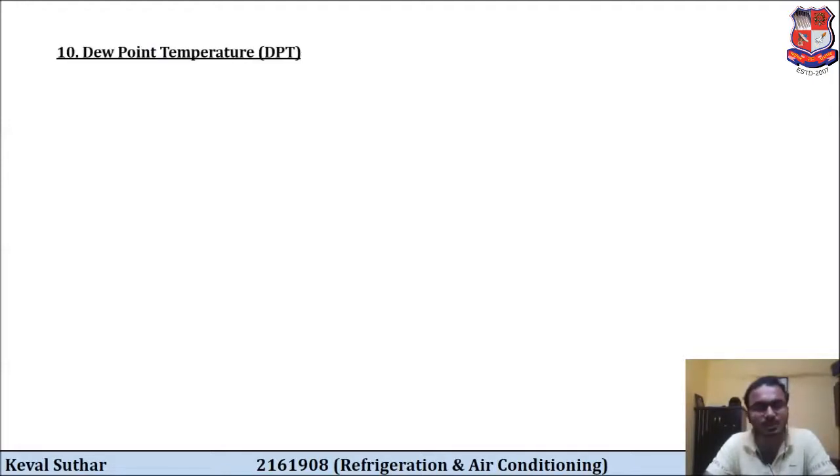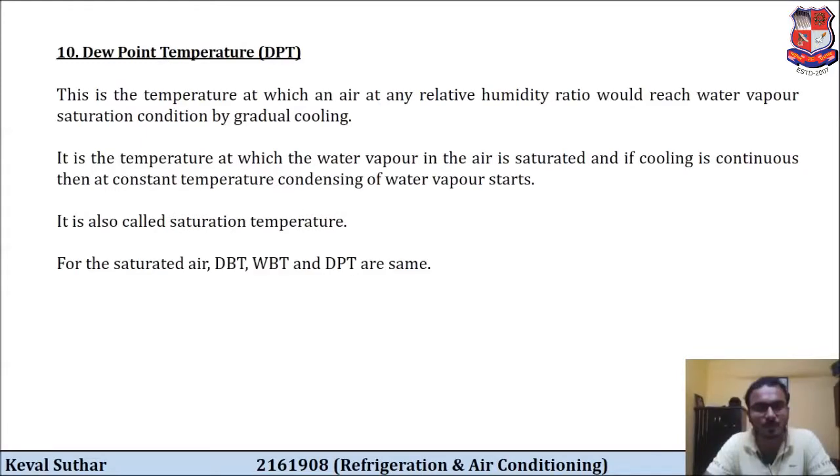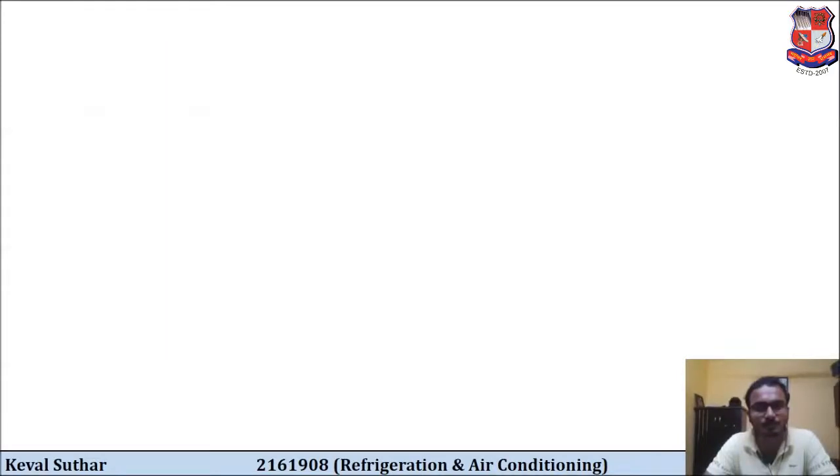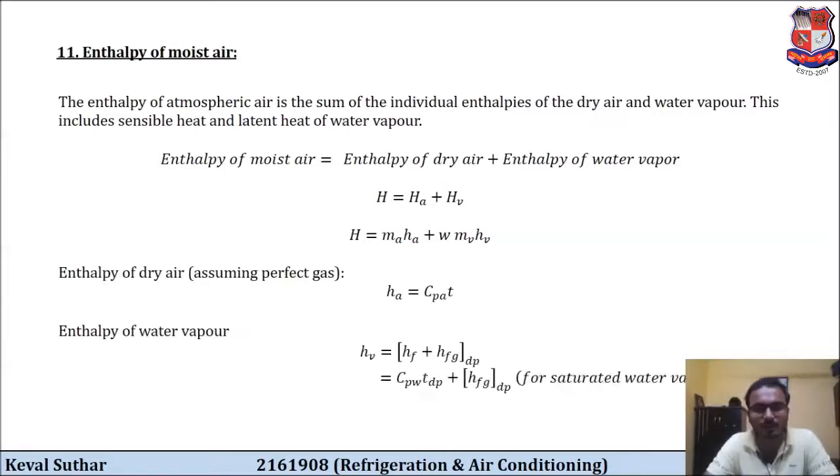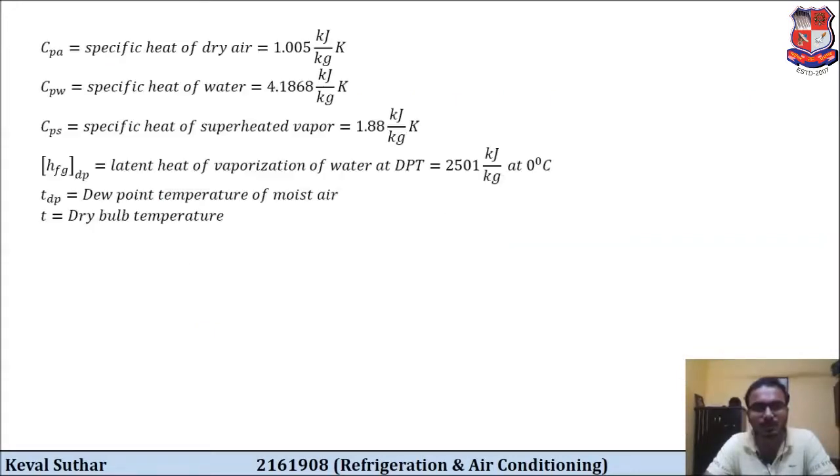Then we studied about dew point temperature. Then enthalpy of moist air, which is summation of enthalpy of dry air plus enthalpy of water vapor. And one by one we derived the formula for enthalpy.